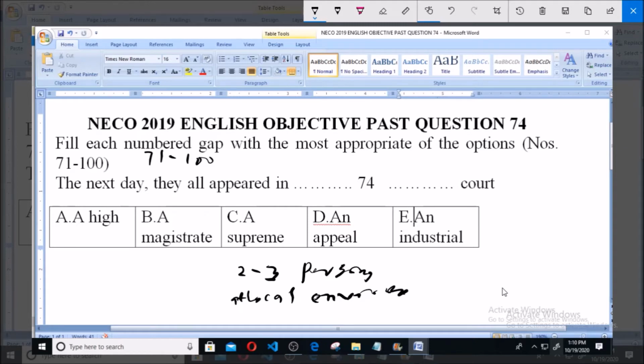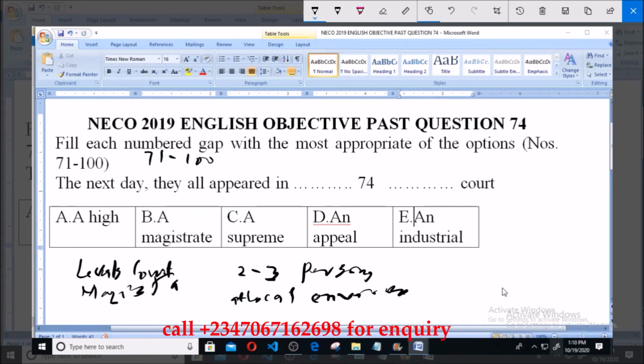And remember that we have levels of courts. We have the magistrate, we have the high court, we have the federal high court, you also know that.